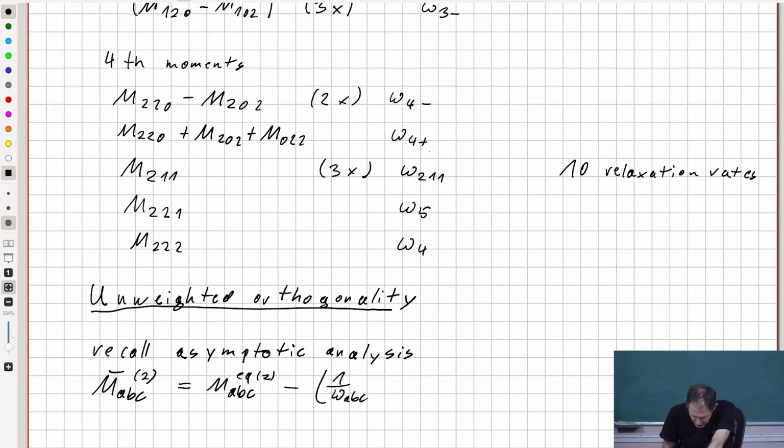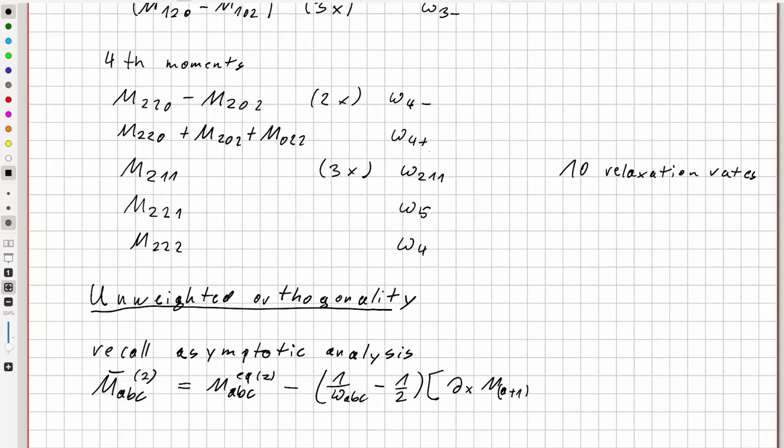Now we have different omega for different moments, so I'll be lazy and call this omega ABC, also when we may have combinations of these, minus 1/2 dx M(A+1)BC to first order plus dy MA(B+1)C to first order plus dz MAB(C+1) to first order.